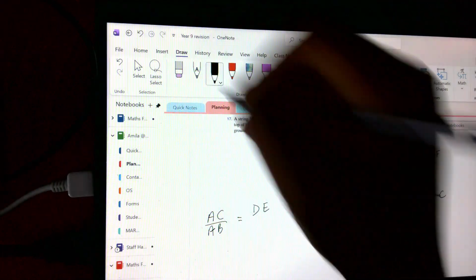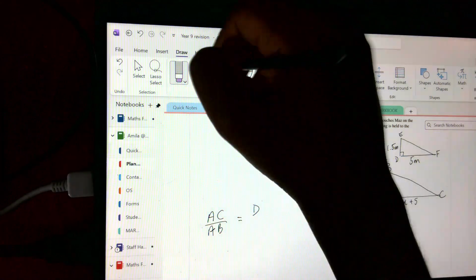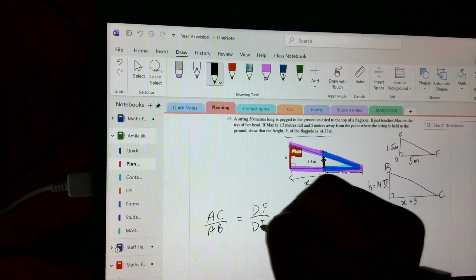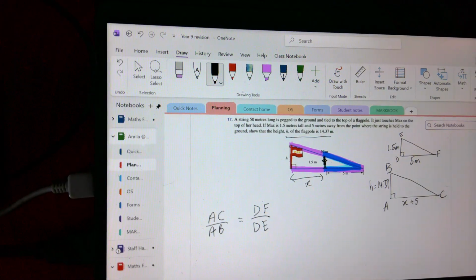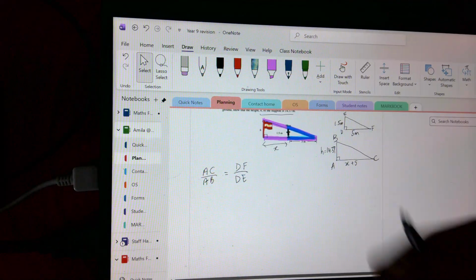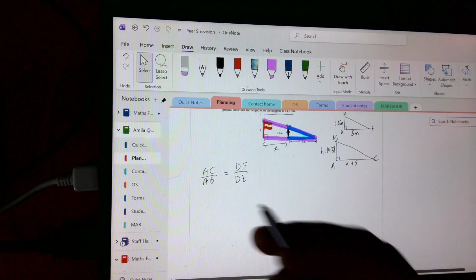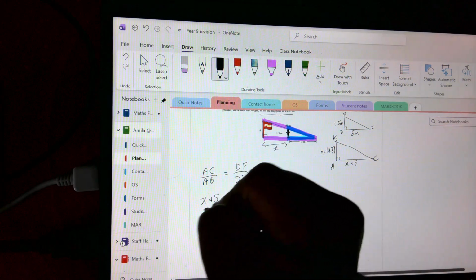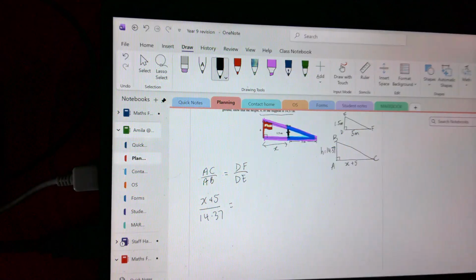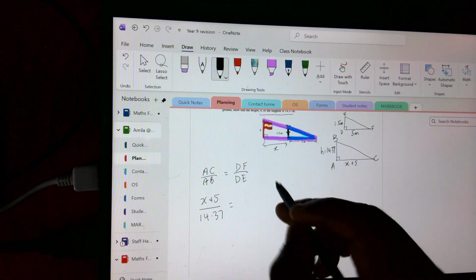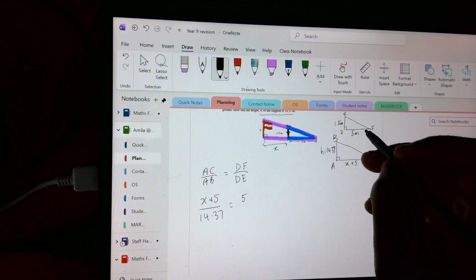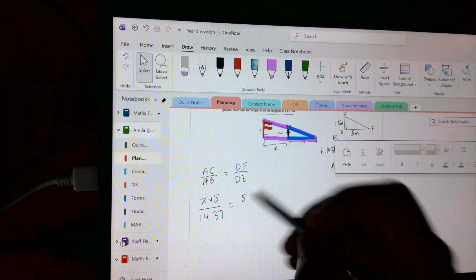Sorry, wrong letter: DF, because DF is the base, over DE. I'm trying to work out what x is. We know that AC is x plus 5. We know AB is 14.37 because that's the height. DF is 5. DE is 1.5.